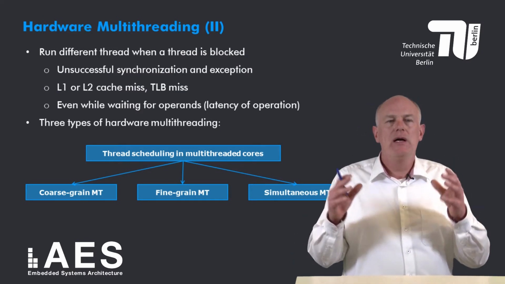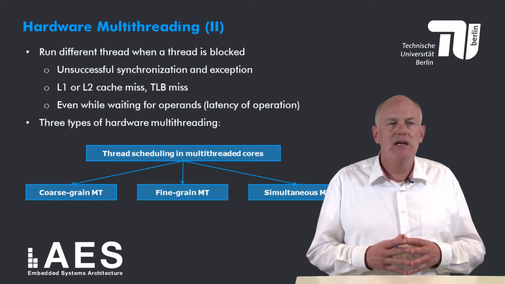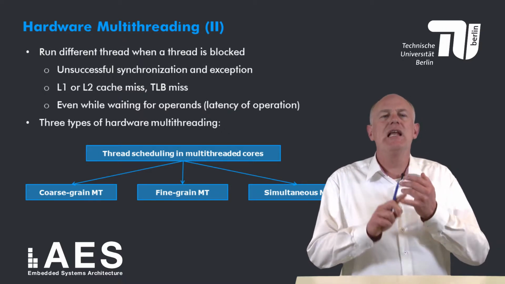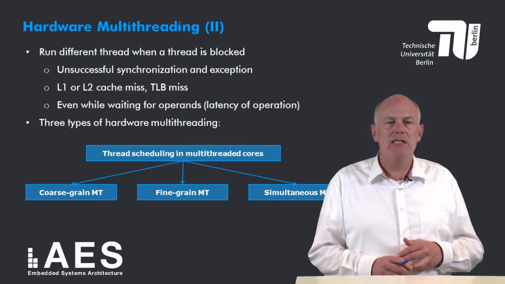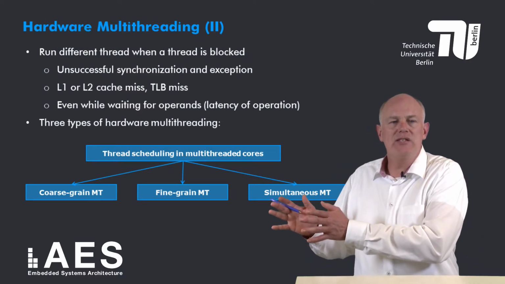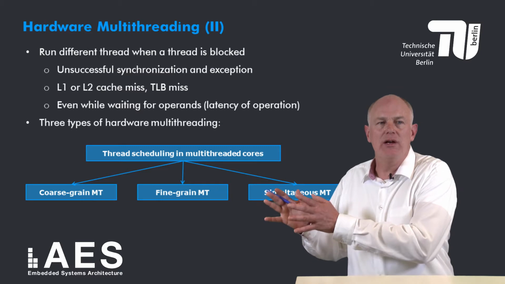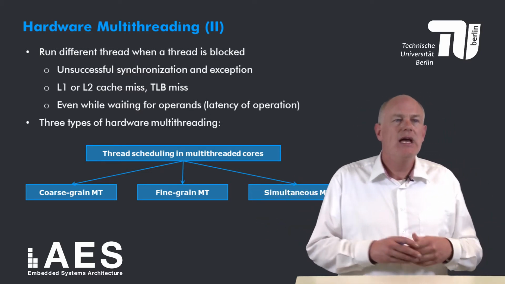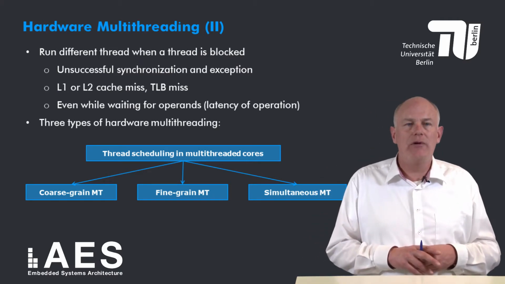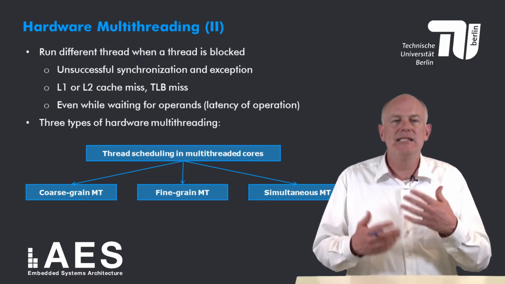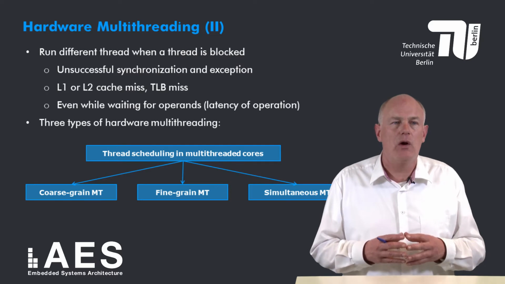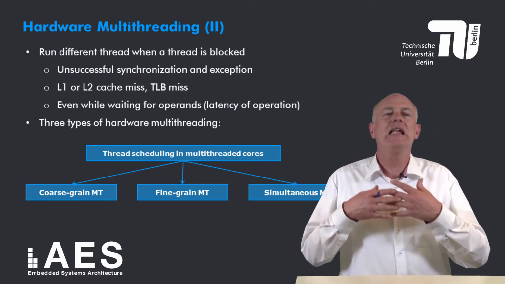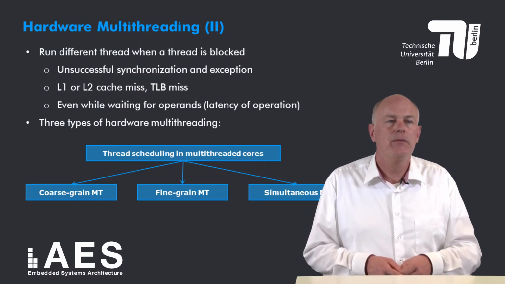For example, if it tried to synchronize, but it was unsuccessful, or if there was a level 1 or level 2 cache miss, then while this thread is waiting, we should run another thread, or when there was a translation look-aside buffer miss. Even while waiting for operands, to hide the latency of, for example, a floating point operation, we might decide to run another thread so that the latency is hidden.